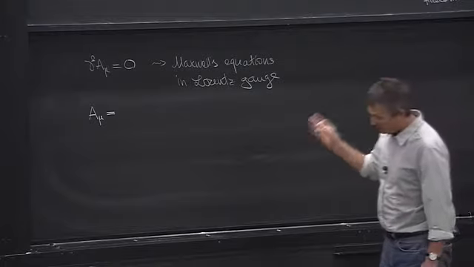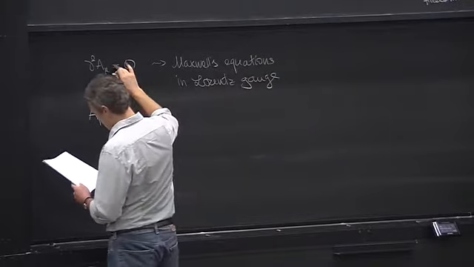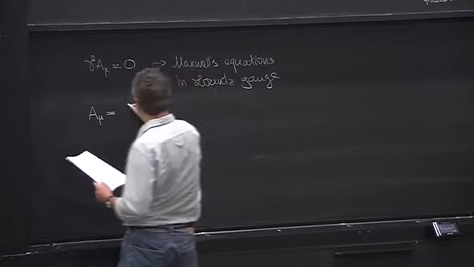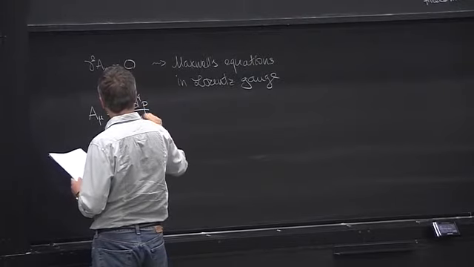So we know how to solve the Klein-Gordon equation, and we can just do it here for each component of A separately. So the solution will be a set of plane waves.